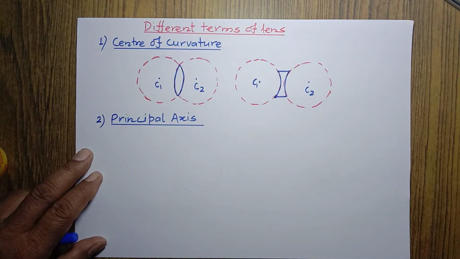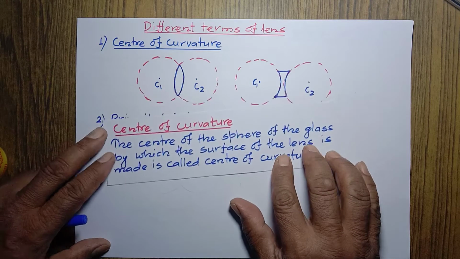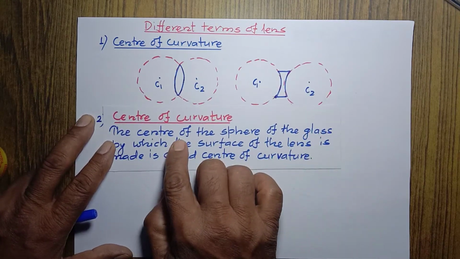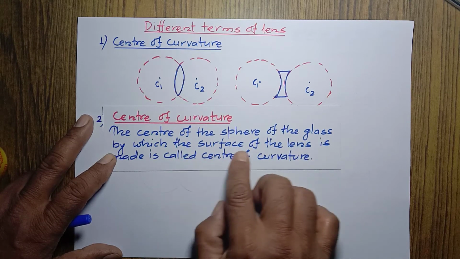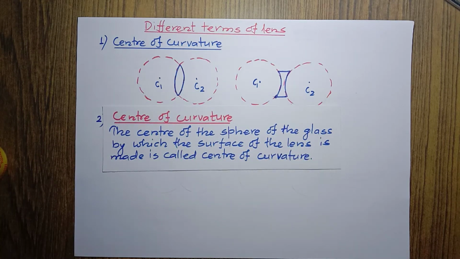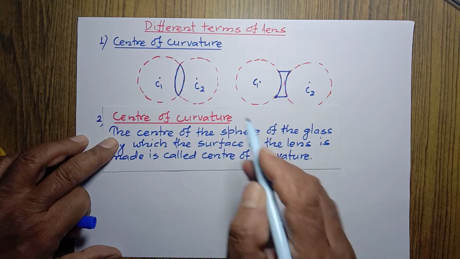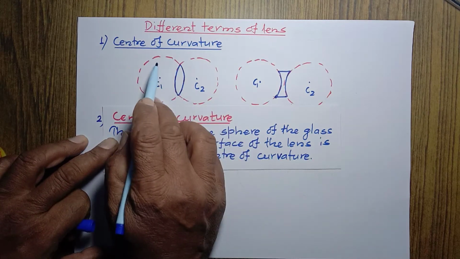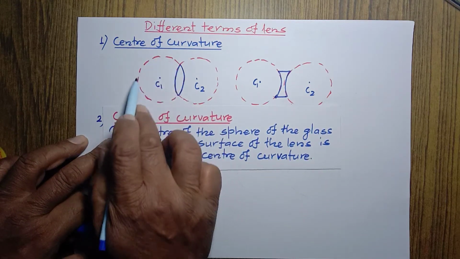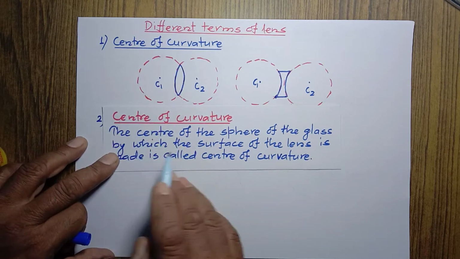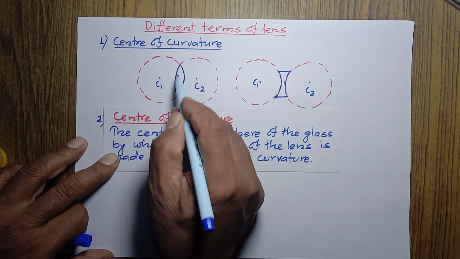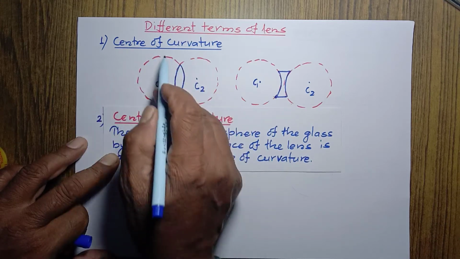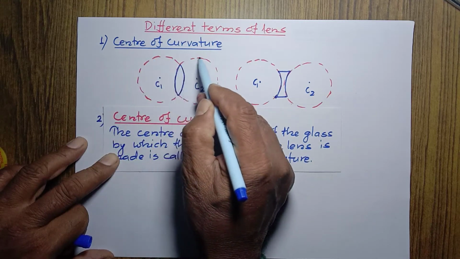Now how can we define center of curvature? We can define it this way. The center of the sphere of glass by which the surface of the lens is made is called center of curvature. This surface of the lens is made by this glass sphere, and this surface is made by this glass sphere.